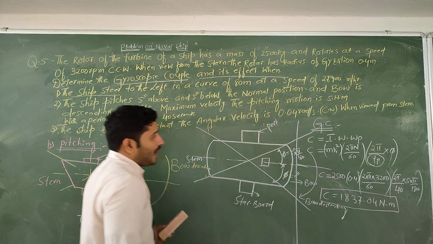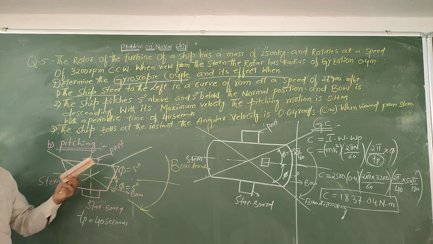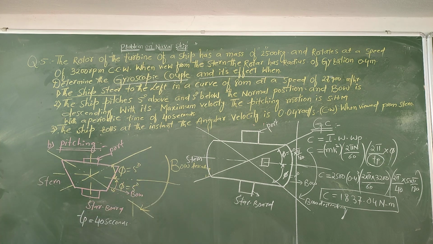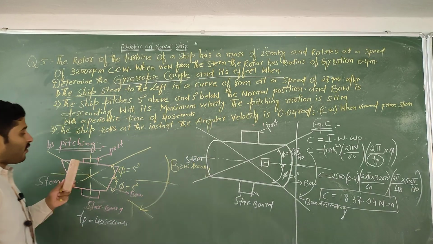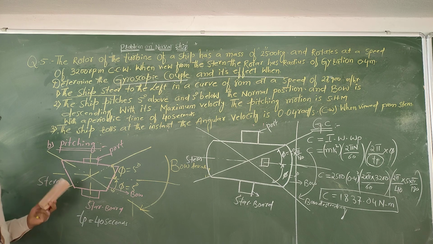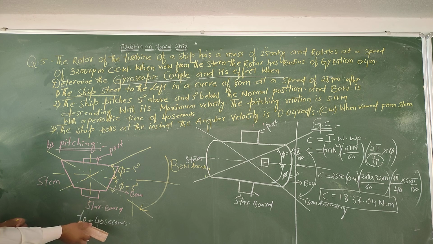That is the value of the gyroscopic couple during the pitching. But again we need to find out its effects. What will be the effect during the pitching, we need to find out. So please take this snapshot. I will rub this portion only, that much only.